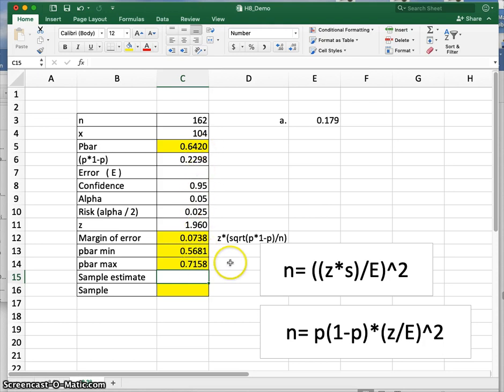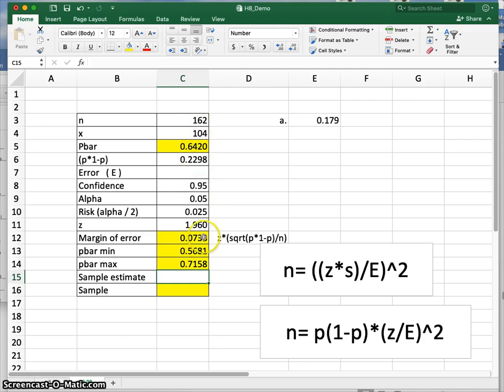Now part C wants us to estimate a sample size that would give us a margin of error of 0.05. You see, we calculated this margin of error as 0.07 using a sample size of 162.